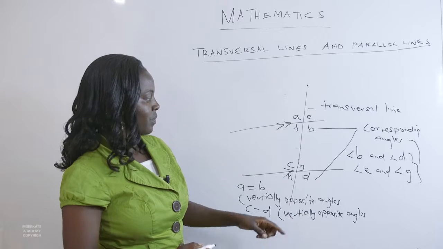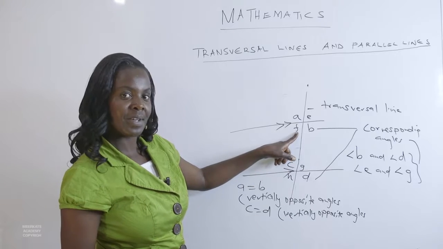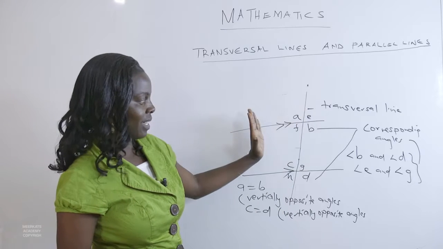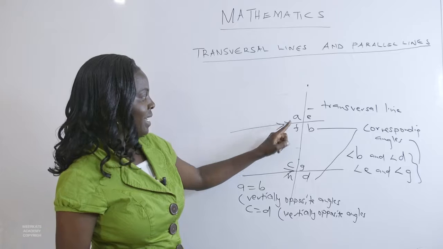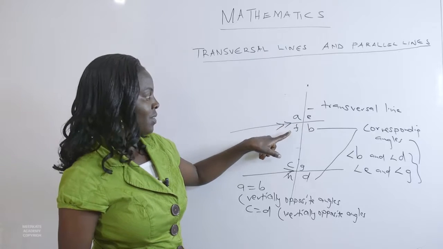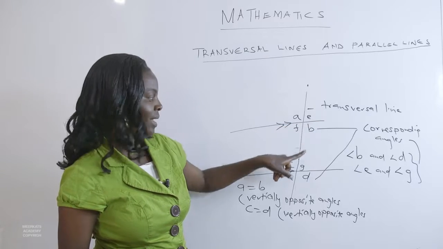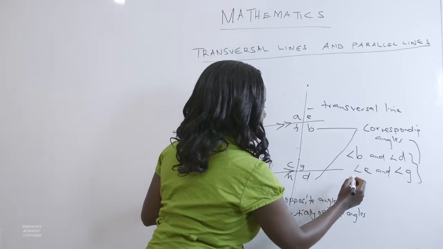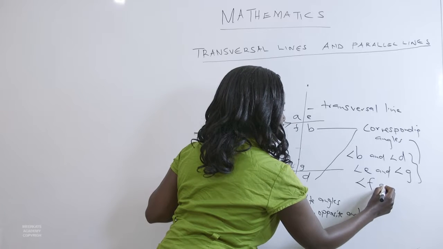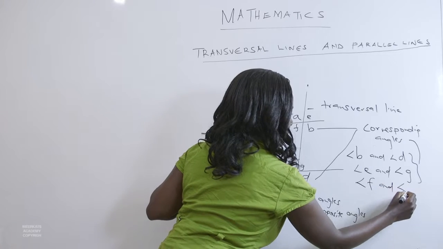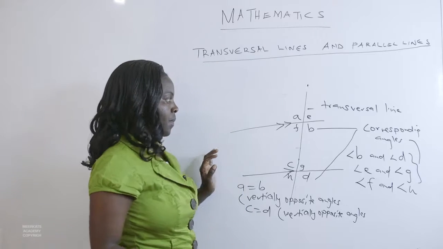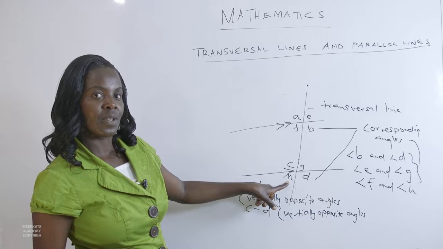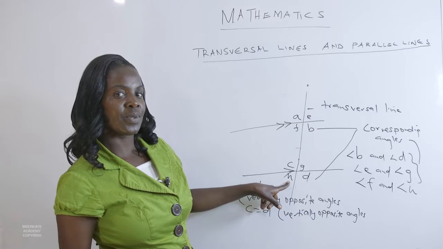Which ones are they? You realize that we have F and H. This side of the transversal line, this is at the bottom of this parallel line with this one. This is also at the bottom. So other corresponding angles are angle F and angle H. Which other corresponding angles do you see?